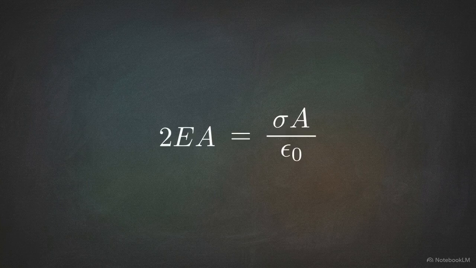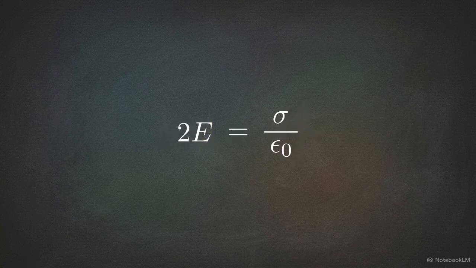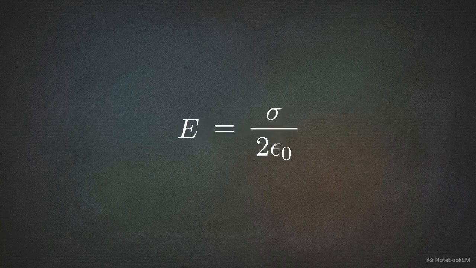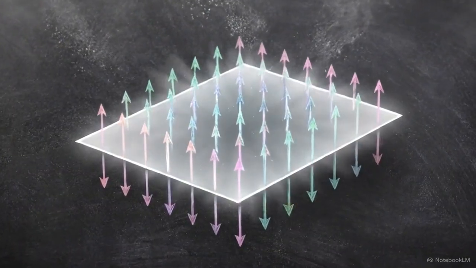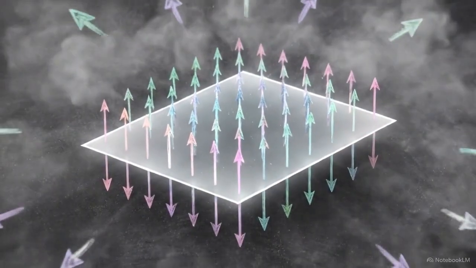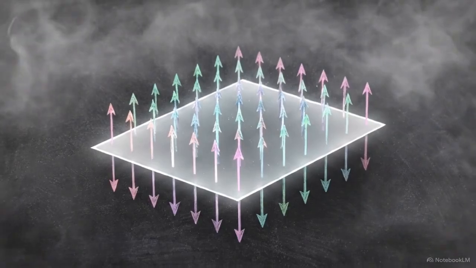When we solve for the electric field, the area variable A appears on both sides of the equation and cancels out entirely. The mathematics prove a highly counterintuitive fact. The electric field generated by an infinite plane has no distance variable. It remains rigidly constant, projecting the exact same force whether you are a millimeter or a mile away.